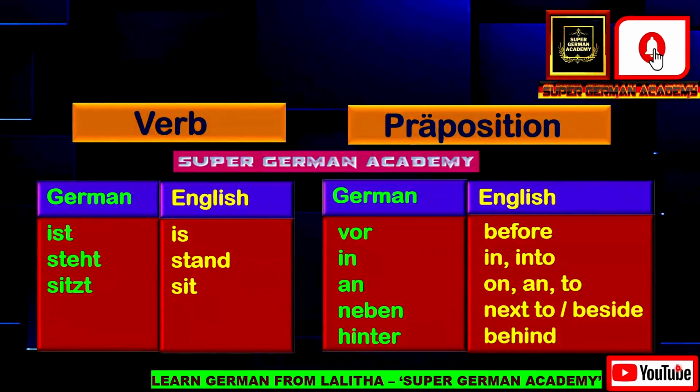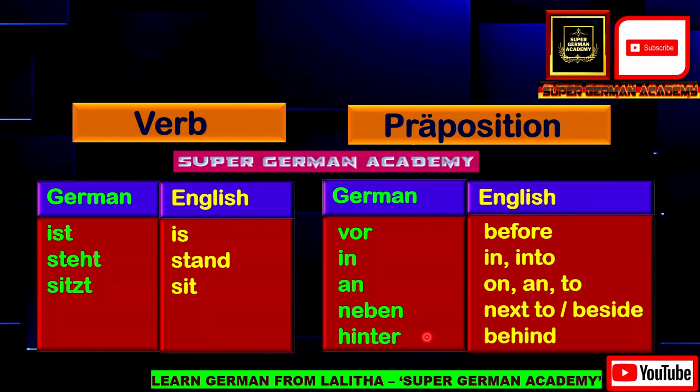Next, verbs and prepositions. The verbs you will learn in this lesson are ist, steht and sitzt. Ist means is, steht means stands, sitzt means sits. Now the German prepositions: vor means before. In is for in. For on and to you will use an. For beside or next to you will use neben.